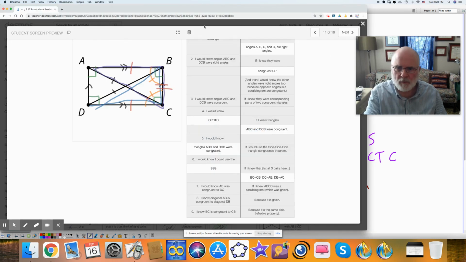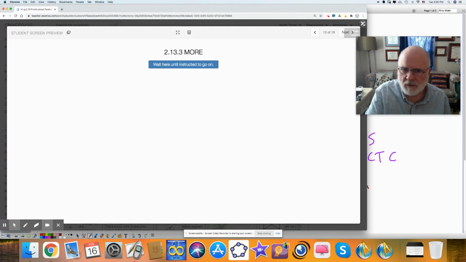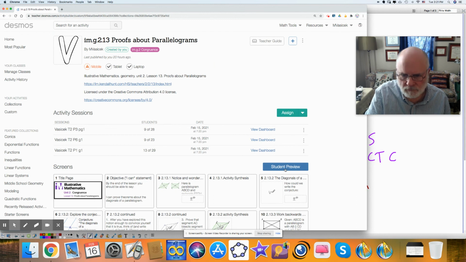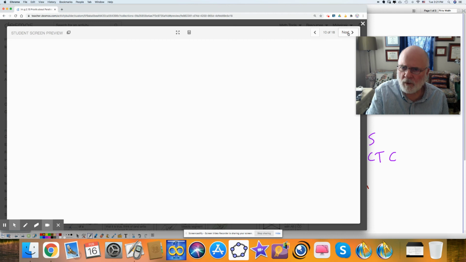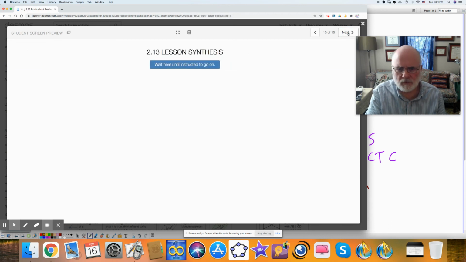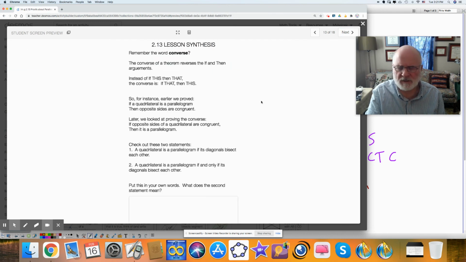And now we go back to our lesson. For lesson synthesis, we know that an if-this-then-that statement has a converse: if that, then this. We change the arguments, and so far we've looked at several of them that are true.